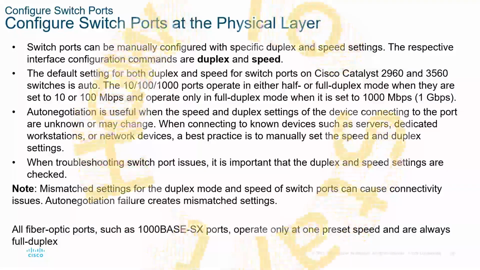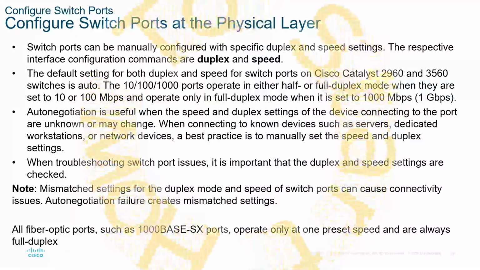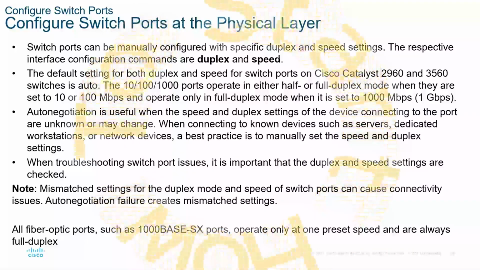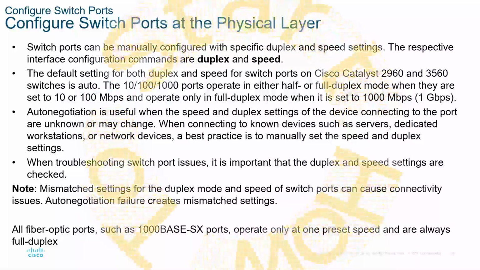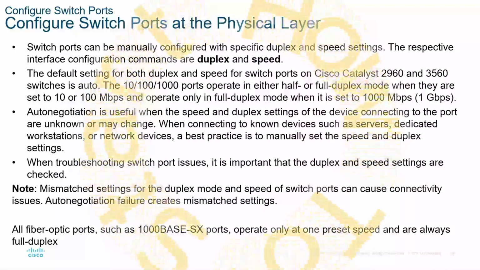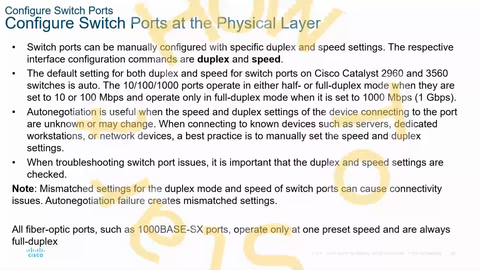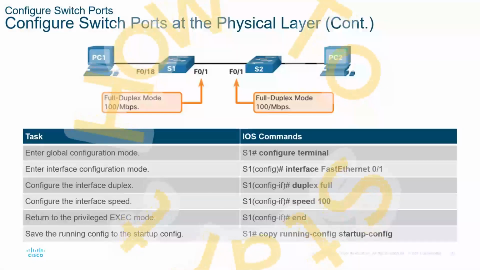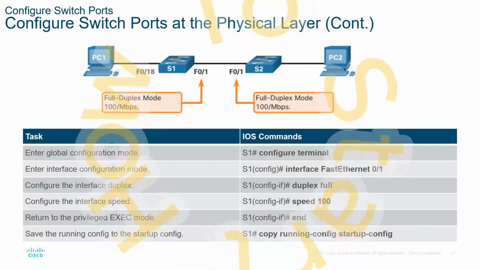It's important to note that if we're talking fiber, it has to be manually set and will operate only at one preset speed and always full duplex. Alright, with that, let's move on to configuring a switch port.